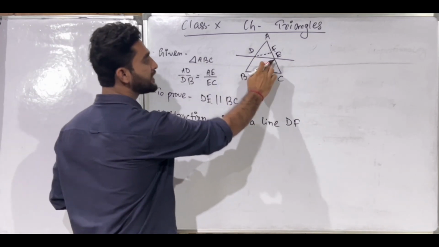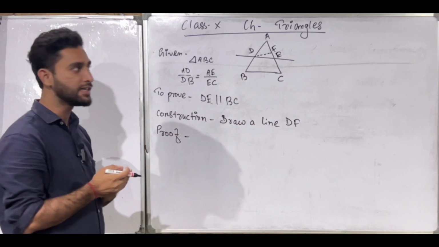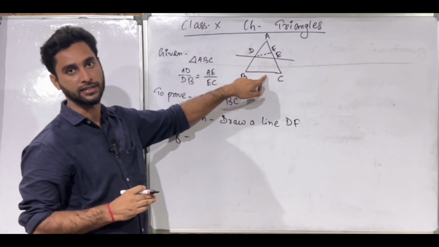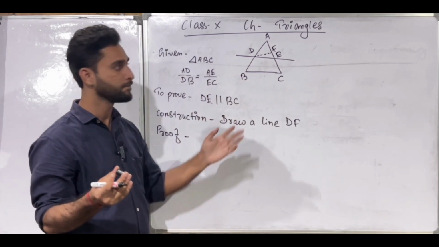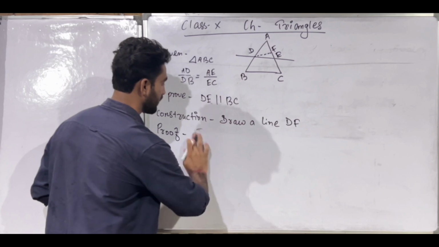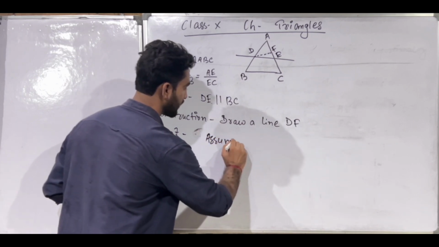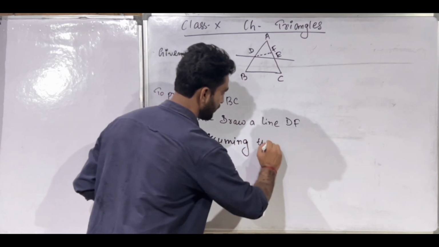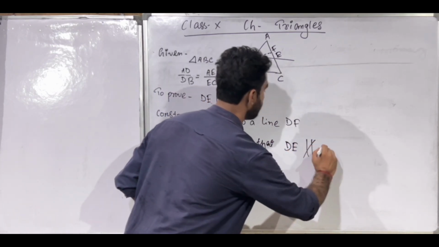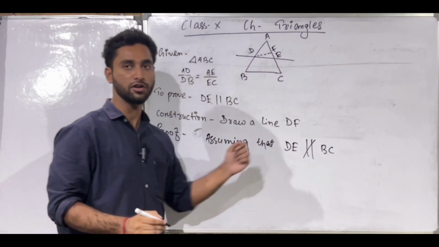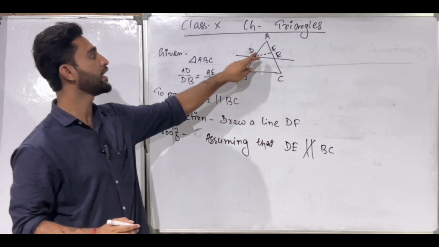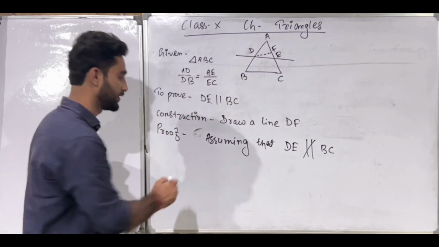Here we have to prove that line DE is parallel to BC, but we will not consider that DE is parallel to BC. This is called the method of contradiction. Assuming that DE is not parallel to BC, we will consider DF is parallel to BC.